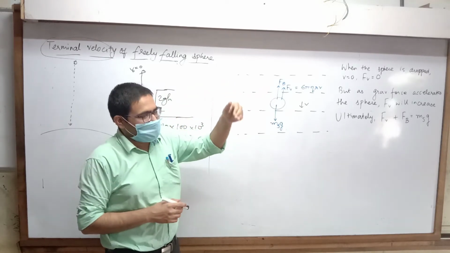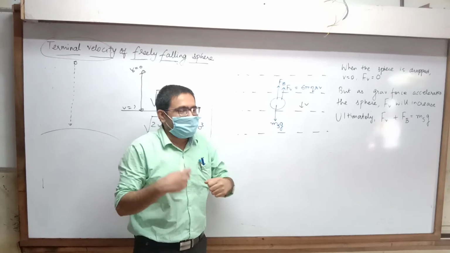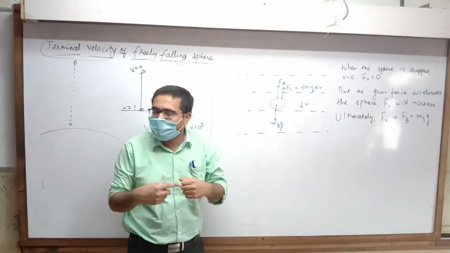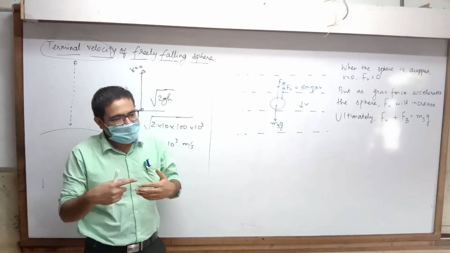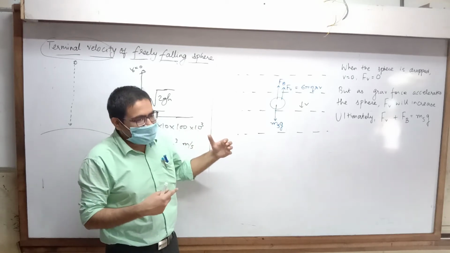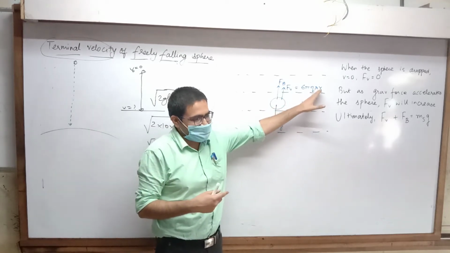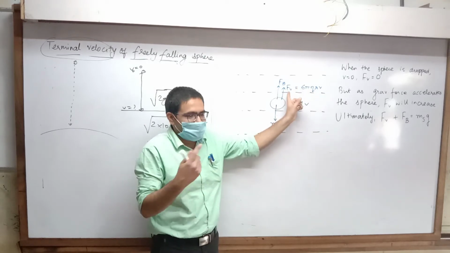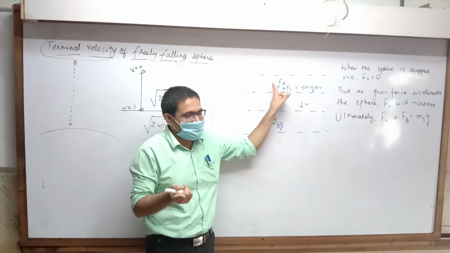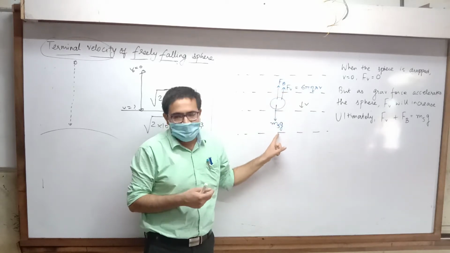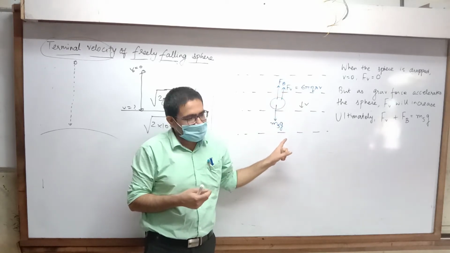As it starts to fall down, gravity will keep accelerating it. That is, the speed will increase more and more. A point will come when the speed is high enough so that Fv is also quite high, so that now Fv plus Fb become equal to mg. Sure, you understood that?